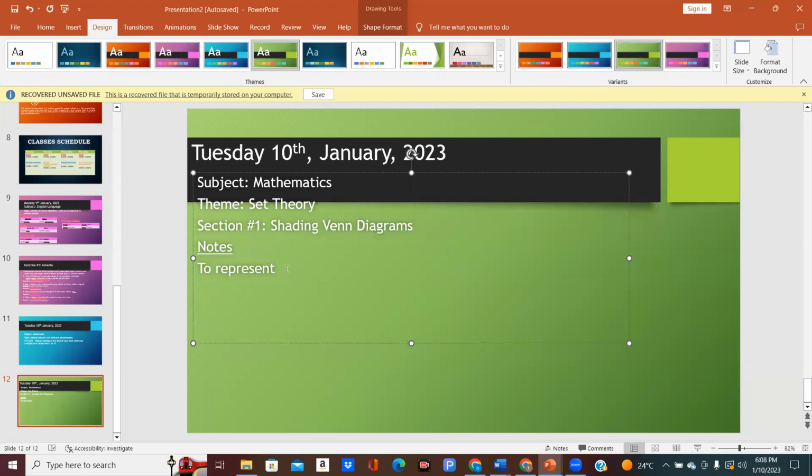All right, so to represent sets, we can use a Venn diagram, where a set is represented by using a circle.